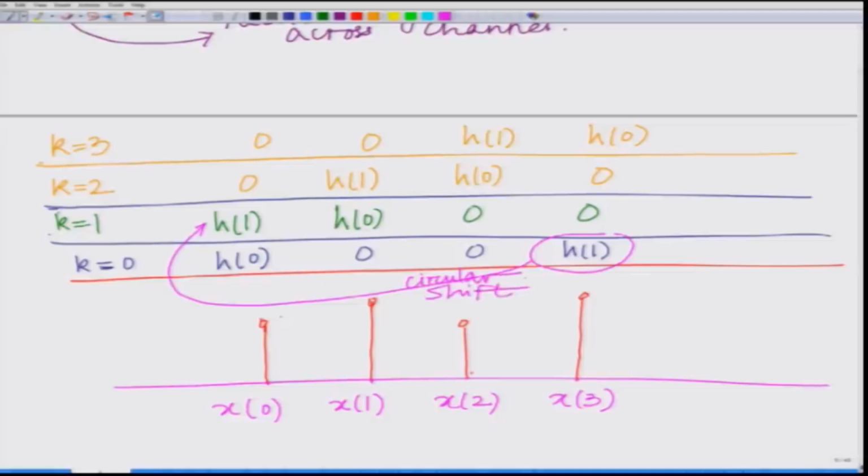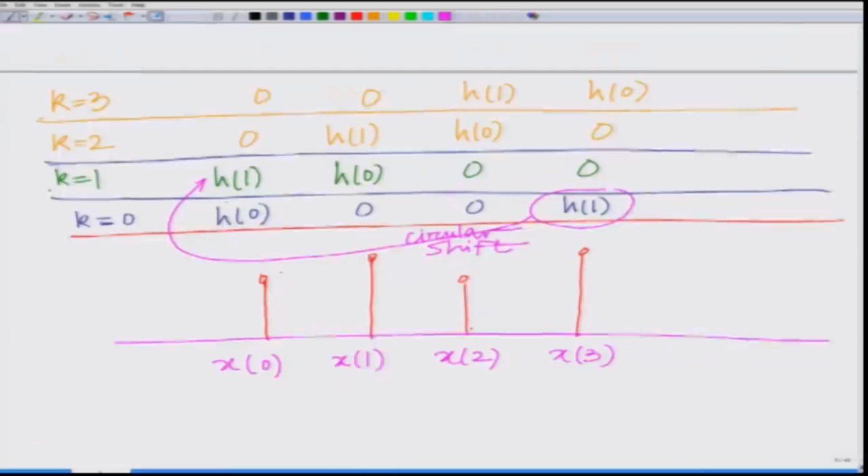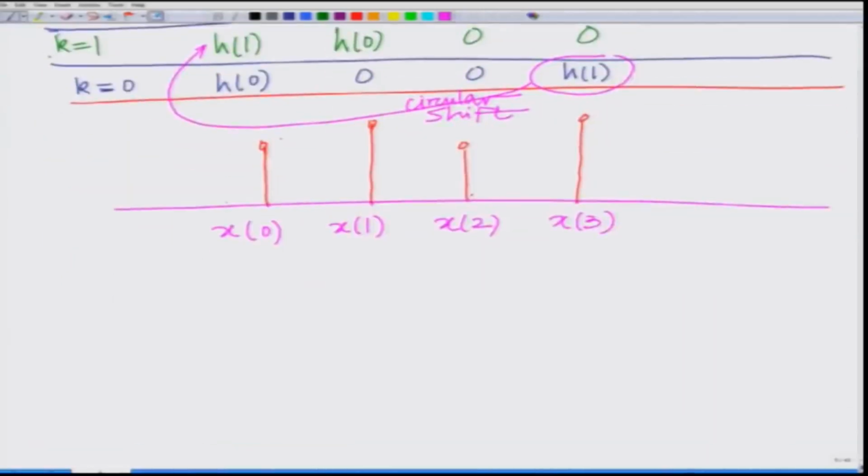H1 has circularly shifted to the left, H0 has moved to the right. In the next step, both H1 and H0 have moved to the right, and so on. So this is basically a circular shift of the channel filter over the symbols x0 and x1.